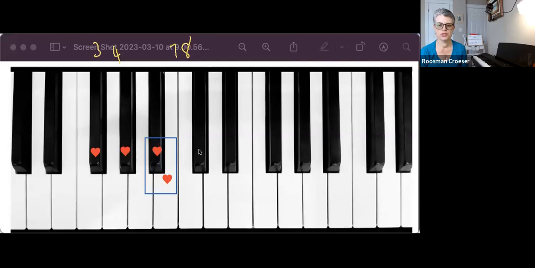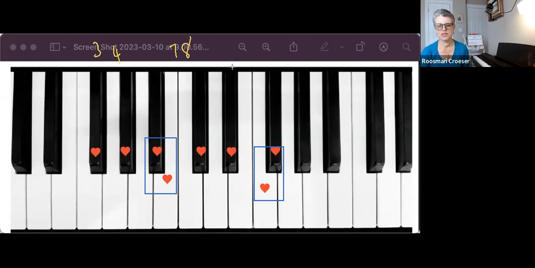From 4 to 5, I have a whole step. 5 to 6, whole step. 6 to 7, whole step. 7 to 8, ooh, another half step. Now let's see if this works. Well, boy oh boy, if that doesn't sound like a major scale.